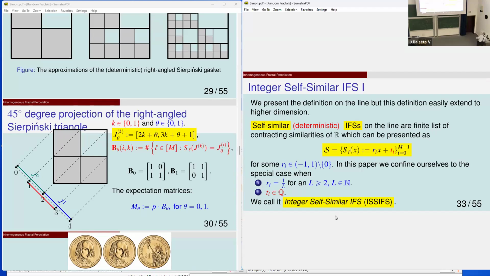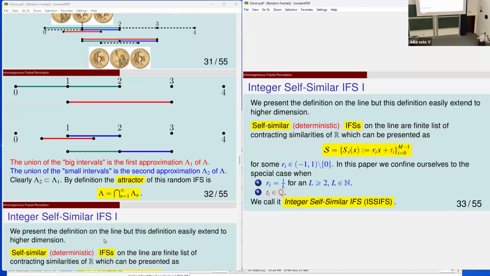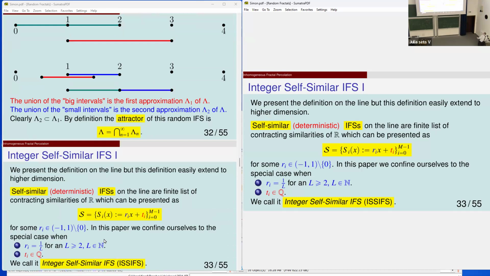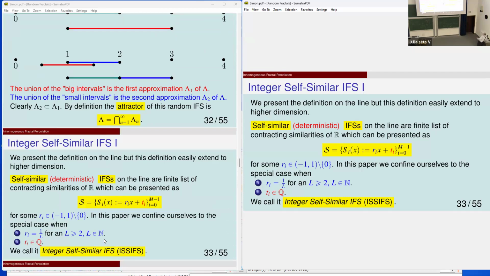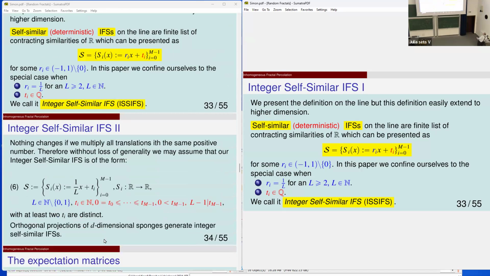But if we multiply by a positive number, then nothing interesting happens. That's why we may assume that actually our system is of this form.